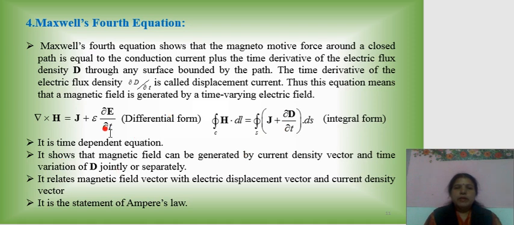It shows that the magnetic field can be generated by the current density vector and the time variation of D jointly or separately, since the addition is there. It relates the magnetic field vector with the electric displacement vector and the current density vector. It is a statement of Ampere's law. Ampere's law is used for Maxwell's fourth equation.